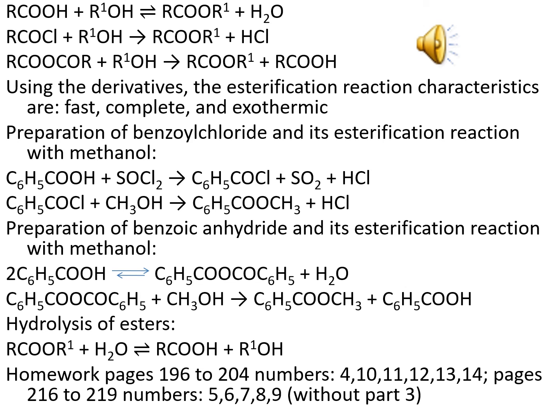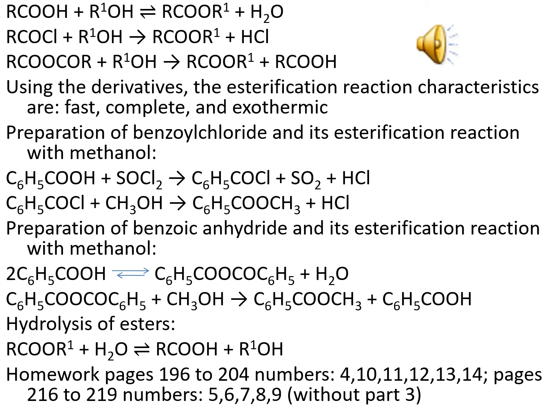When you use the acid anhydride with the alcohol, you produce the ester and carboxylic acid. Using the derivatives, the characteristics change dramatically. Instead of being slow, incomplete, and athermic, now with the use of the derivatives in the esterification reaction, the characteristics are fast, complete, and exothermic.